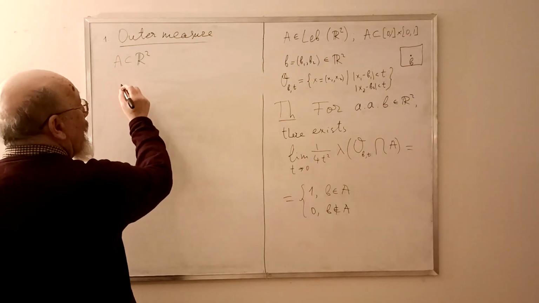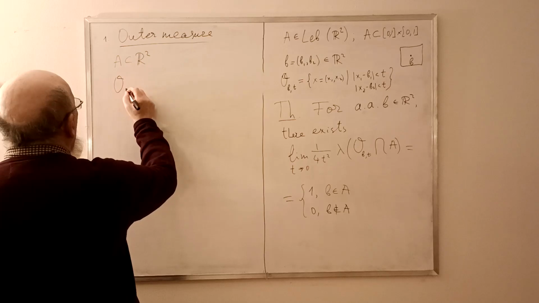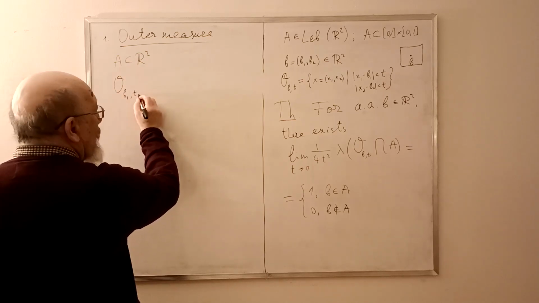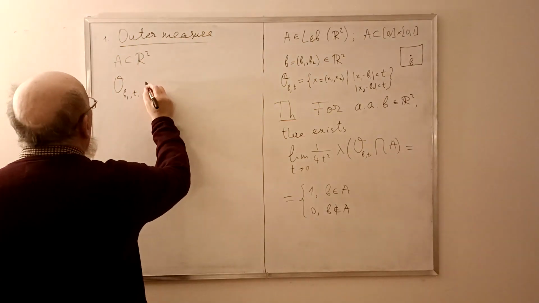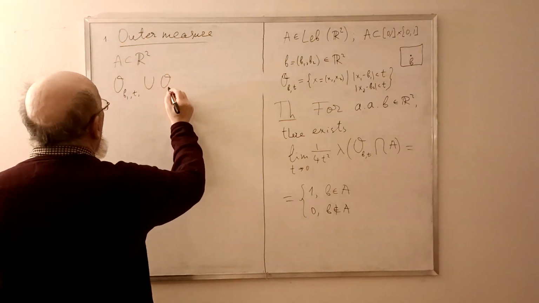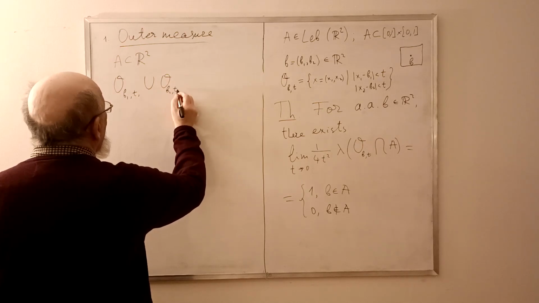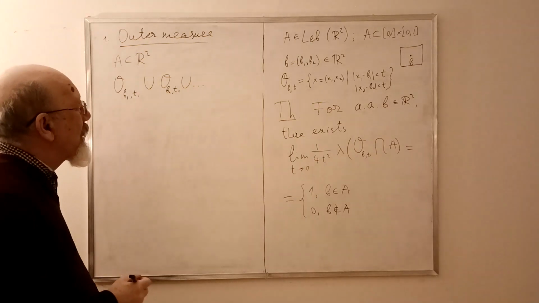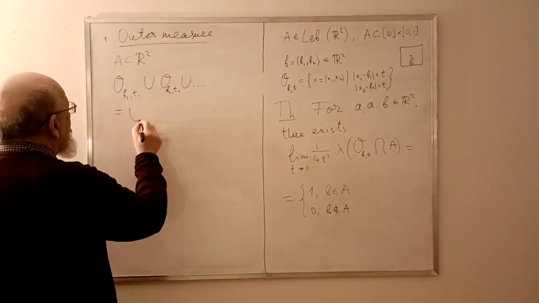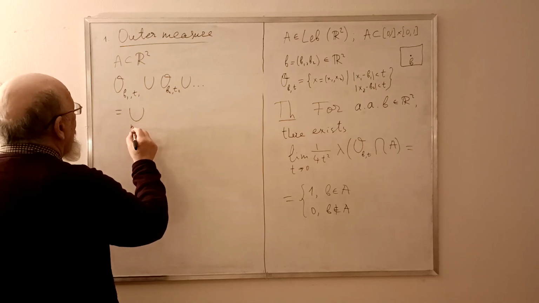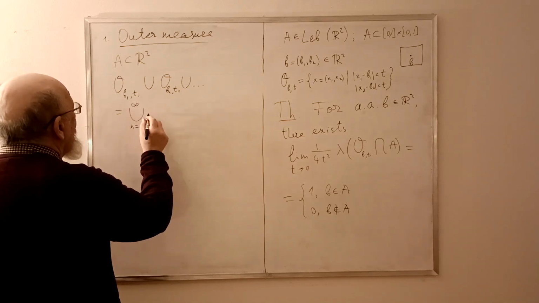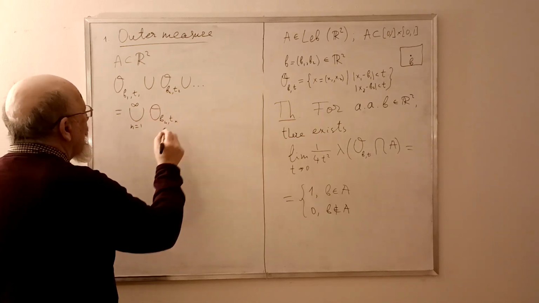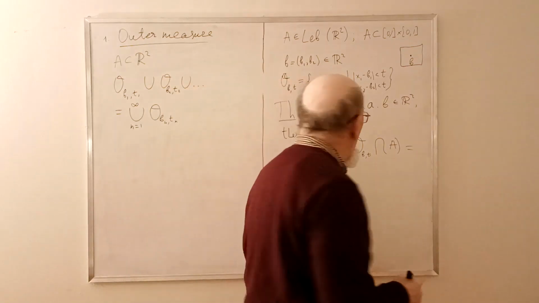So we consider O around the point B1, T1, union O(B2, T2), union and so on. So we have a countable union, n from 1 to infinity, of O(Bn, Tn). So it is a covering of our set.